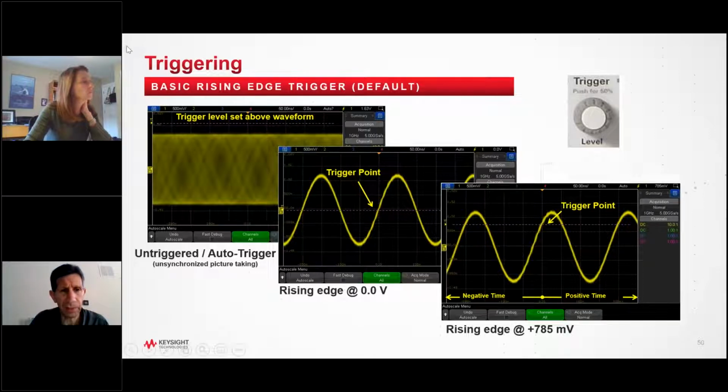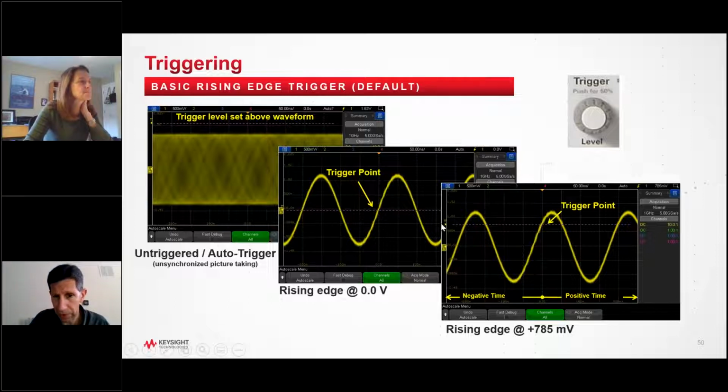Hard to see, but it's in the upper right part of the menu here. So it will display something on the screen, but it's untriggered, unsynchronized, etc. More commonly, the trigger is put on the rising edge right in the middle, in this case with an AC signal right at the 0 volt point. So you can see that 0 volt is right aligned in the center of the screen.